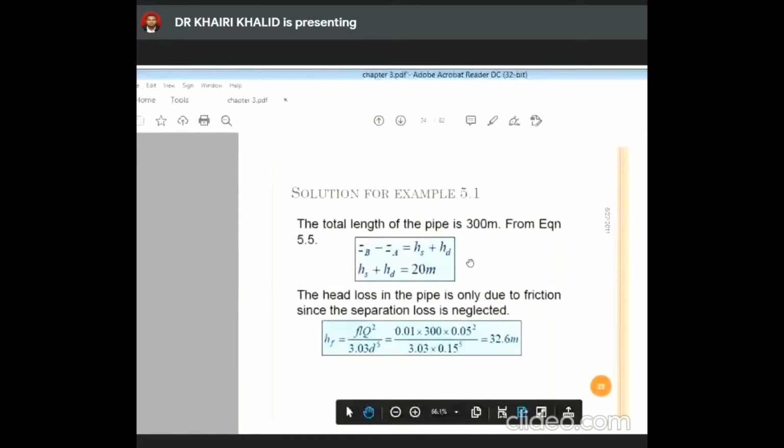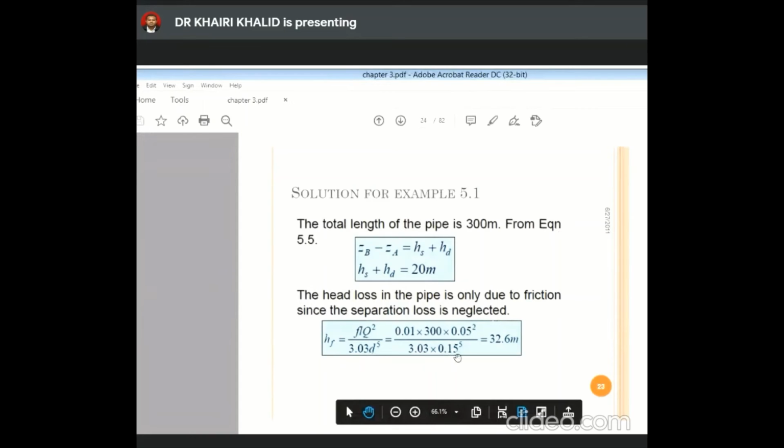The head loss in the pipe is only due to friction, since the separation loss is neglected, and the diameter remains constant before and after the pump, maintained at 0.15.